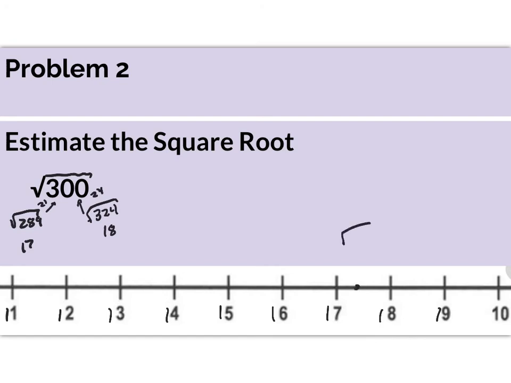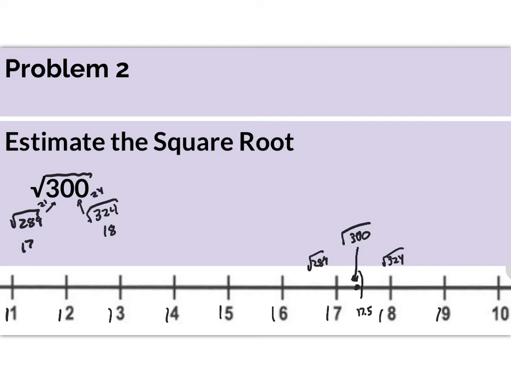And so we put the square root of 300 in between the square root of 289 and the square root of 324. So it's in this range. It's in a range of 17 to 17.5. Now we could have calculated out the halfway point and done some things, but all of that is not necessary.